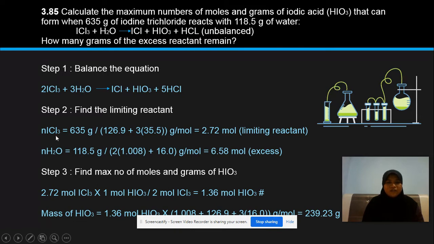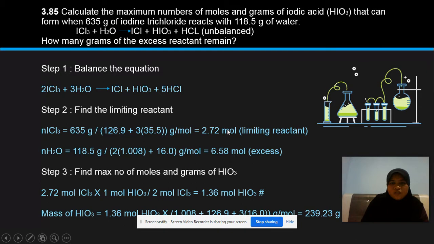For ICl3, we get 2.72 mole, while for H2O, we get 6.58 mole. We already know how to find the number of mole: we take the mass given, then divide with the molar mass of the molecule.